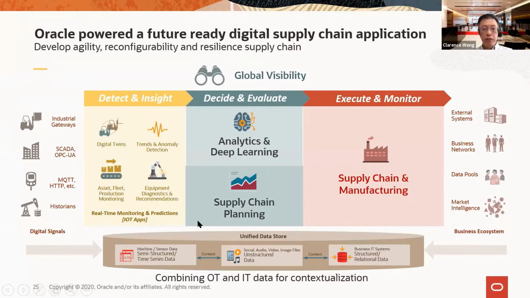So what you see here is that Oracle has a future-ready digital supply chain application platform, where you can connect with your sources of information, from your SCADA, OPC, any industry gateway, etc. Where you can form your digital twins, look at the trends and anomaly detections, and then monitor the state they are in today using production monitoring, fleet monitoring, and asset monitoring, and then do the diagnostics and recommendation.